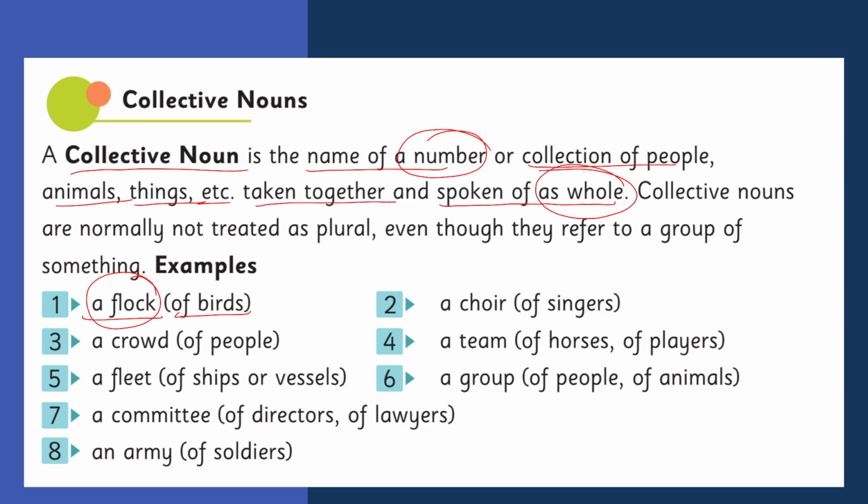Collective nouns are normally not treated as plural even though they refer to a group of something. You will always refer to collective nouns as singular. Though they are a collection of multiple things, persons, places, we will still call it singular. And we will use a singular article with our collective nouns.